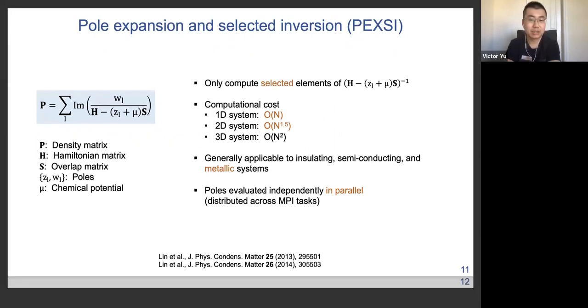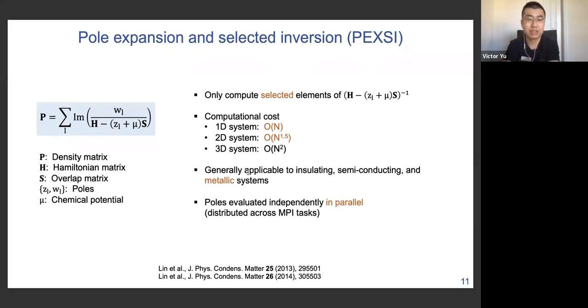And another nice feature about PEXSI is that the method is generally applicable to both systems with a bandgap and without a bandgap. So most traditional density matrix algorithms actually have difficulties when treating metallic systems, but PEXSI doesn't have this problem.